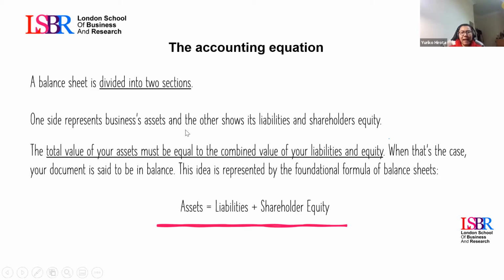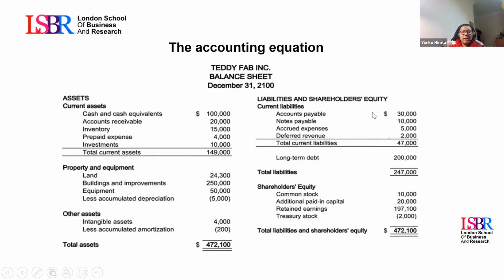And this is the basic formula: assets equal liabilities plus shareholder equity. Very, very easy, very basic, but for some accountants this is an issue, because sometimes assets are not equal to liabilities and shareholder equity, and this is a very huge problem. So this is the image of a balance sheet.